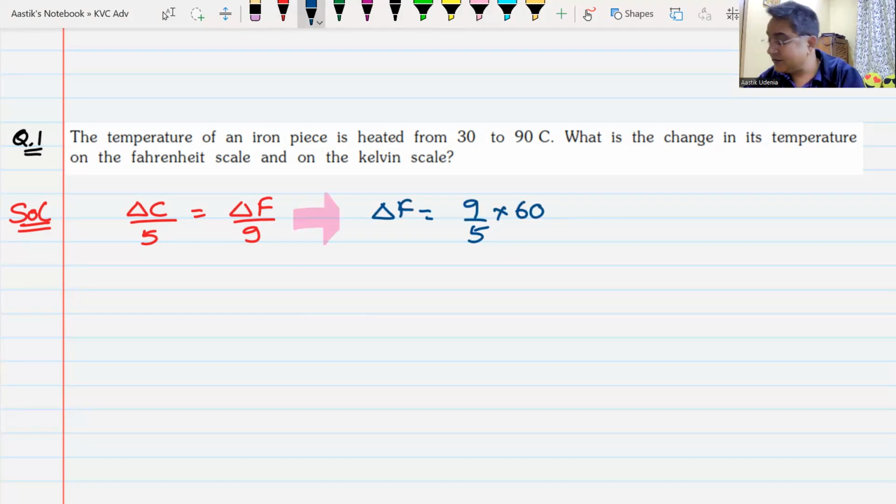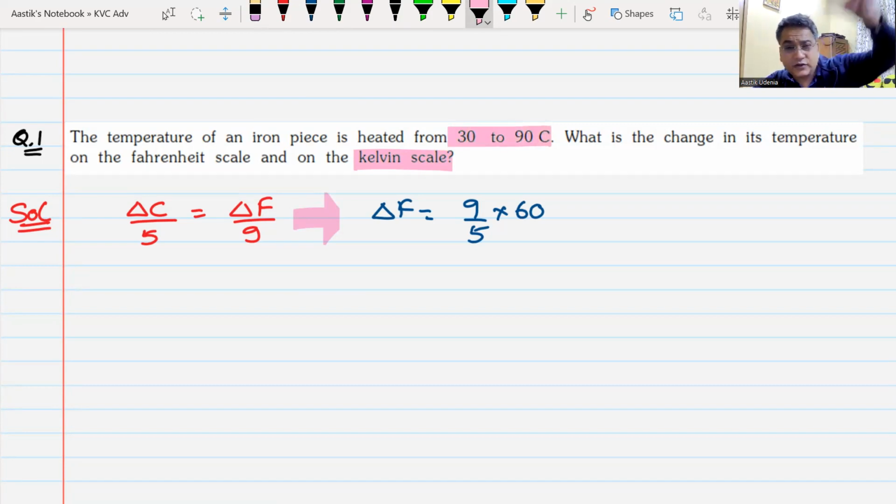Now, the second thing you must remember is that the Kelvin scale and the Celsius scale are the same in terms of divisions. So the change in temperature on the Celsius scale and on the Kelvin scale will always be the same. Do we understand this?